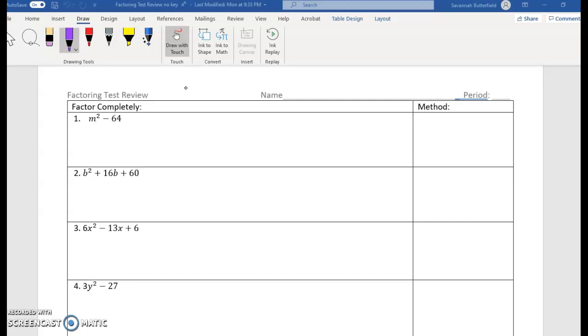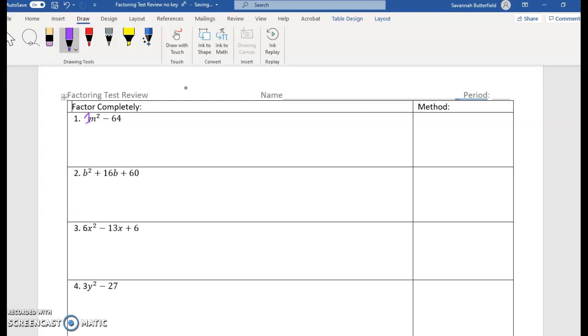Let's jump on in. Number 1 says to factor m squared minus 64. First off, I want to look for a GCF, and I notice I have a coefficient of 1 here and then 64. Those do not have a GCF, so I can jump straight into the methods I have for two-term polynomials.